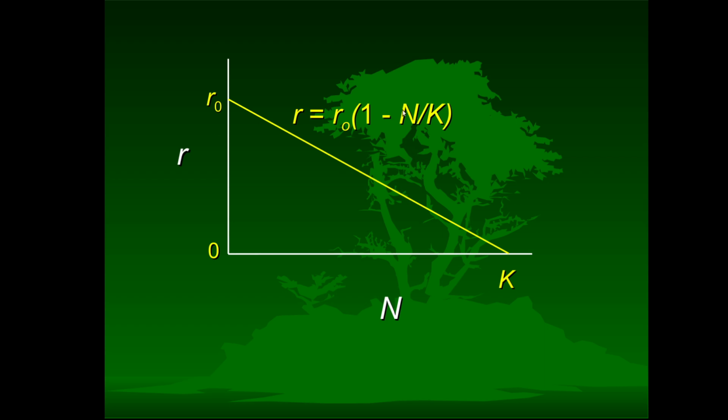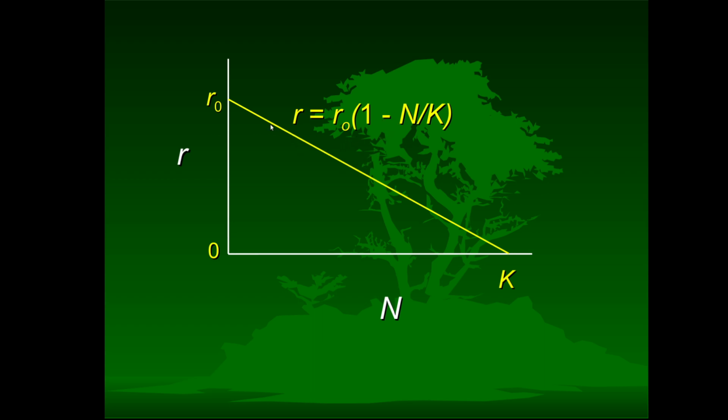So as n increases, this fraction increases, and so the amount that you subtract from 1 increases, until n is equal to K, then this number in parentheses becomes 0. And when this number in parentheses becomes 0, little r becomes 0 down here. And little r0 is maximum when n is close to 1.